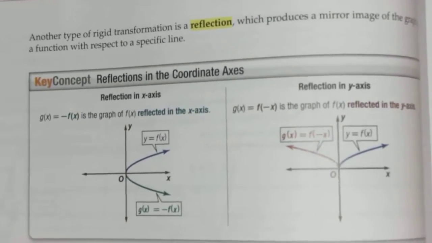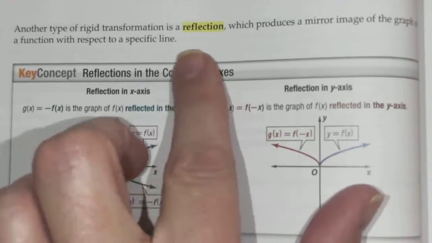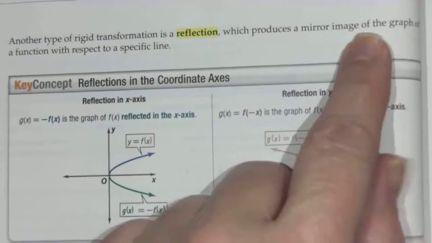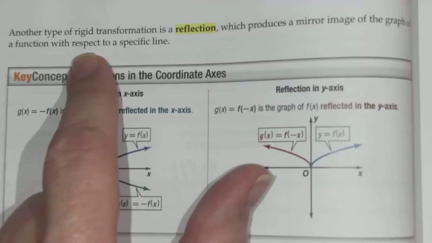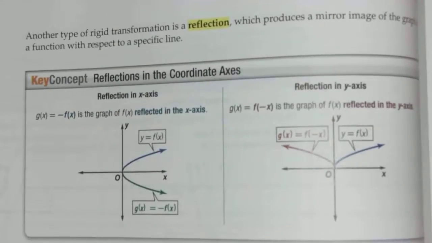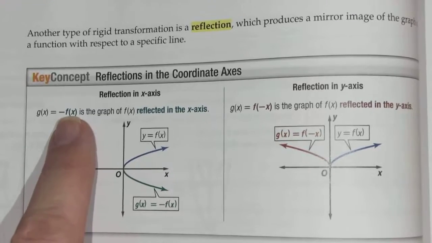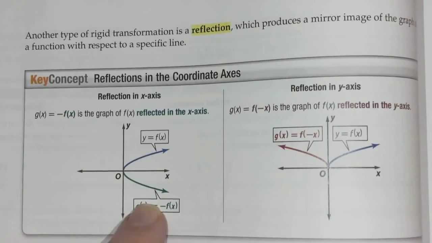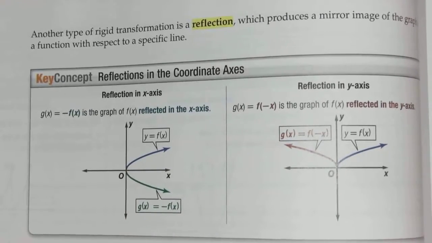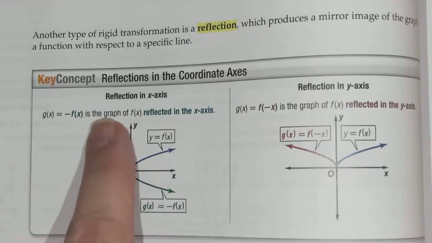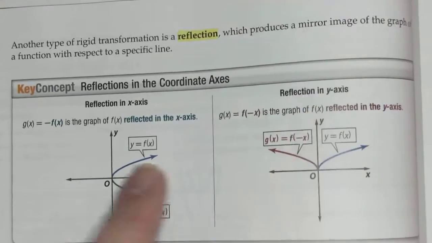Okay, another type of rigid transformation is a reflection, which produces a mirror image of the graph of a function with respect to a specific line. Okay, now remember, this is just flipped over the x or y line, depending, and there's your two reflections over the x-axis or the y-axis.